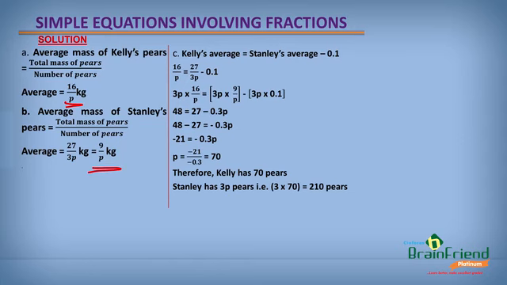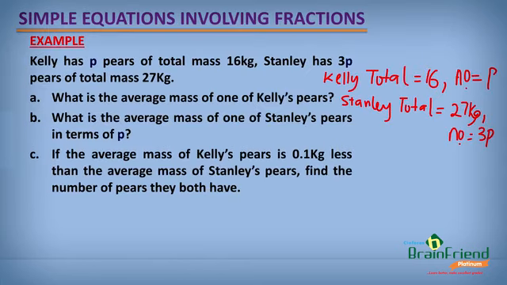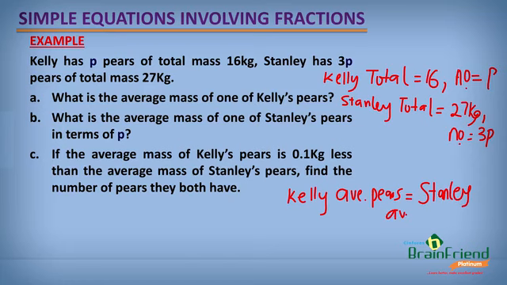Now the third question says, if the average mass of Kelly's pairs is 0.1 kg less than the average mass of Stanley's pairs. So Kelly's average is equal to 0.1 kg less than Stanley's average. 0.1 kg less means Stanley's average minus 0.1.